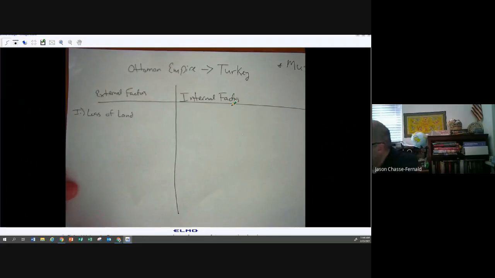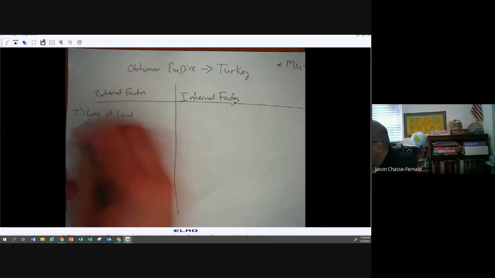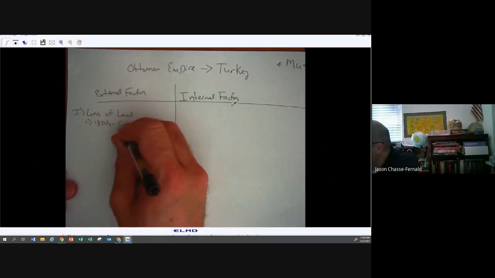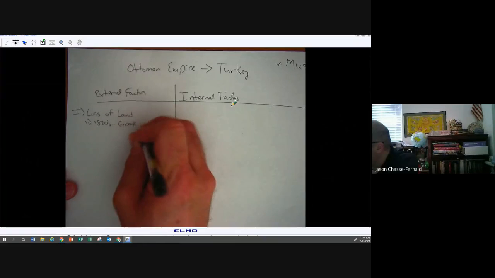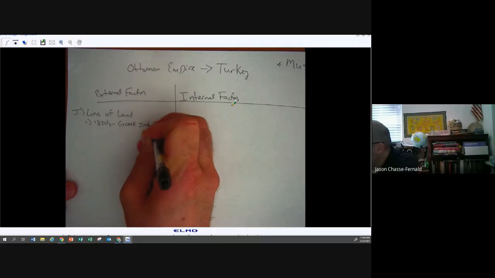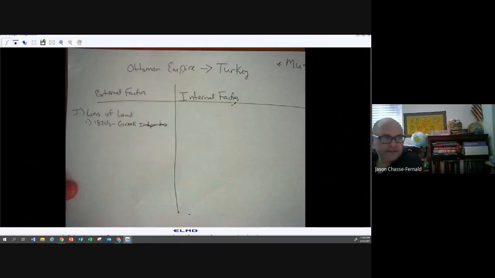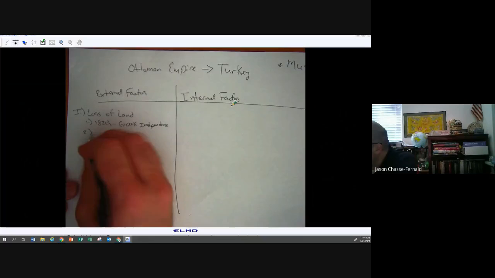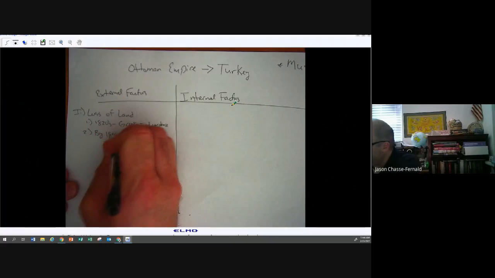And some of the examples that we've already talked about in this class is, in the 1820s, we see Greek independence. Right? Greek independence will occur. We also see, I'm just going to put here, by the 1840s.